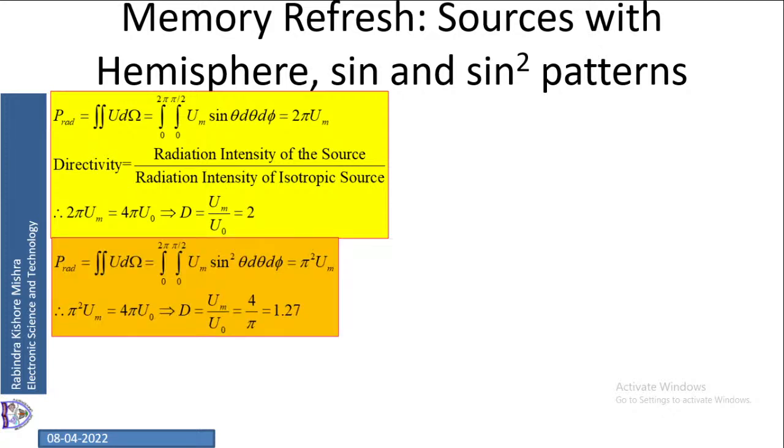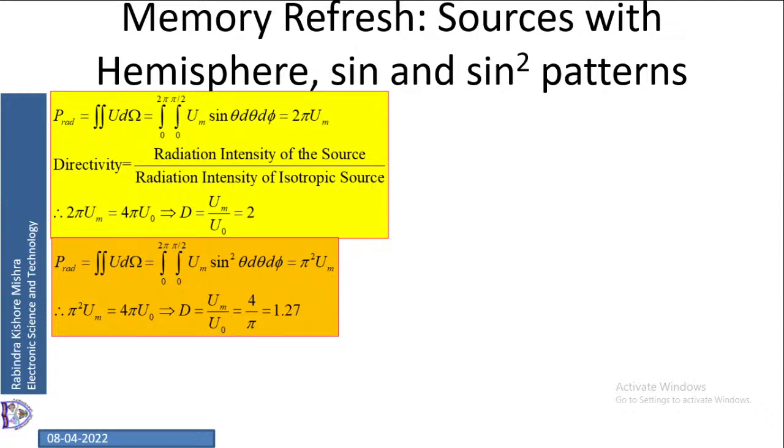Then for a sine antenna you can write the same thing. Um now becomes into sine theta. So already there is one sine theta, now you have into sine theta. So that gives you sine square theta. If you integrate that, the integration gives you pi square, which is to be equated to 4 pi u0.